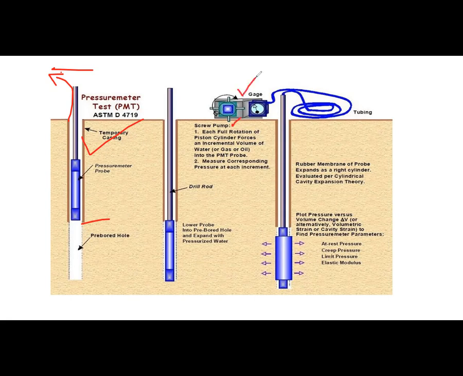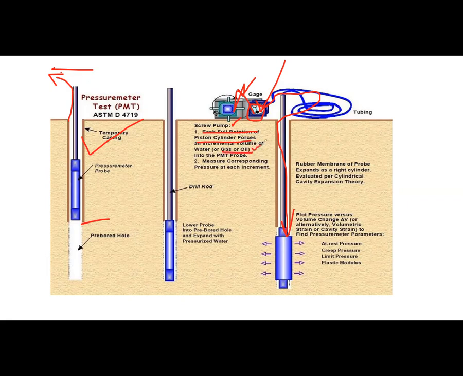A screw pump, this is a pump which is providing a pressure to the probe with the use of water. And this is a gauge which shows the reading of it. Each increment of the piston cylinder forces in a volume of water, gas or oil.